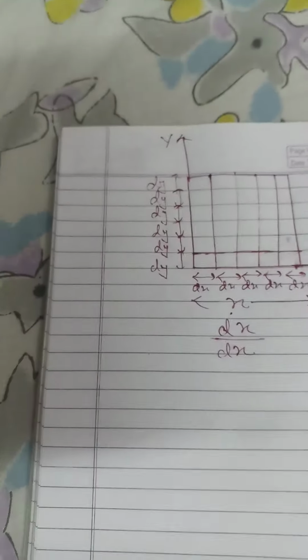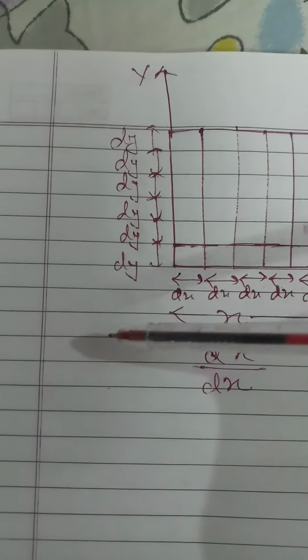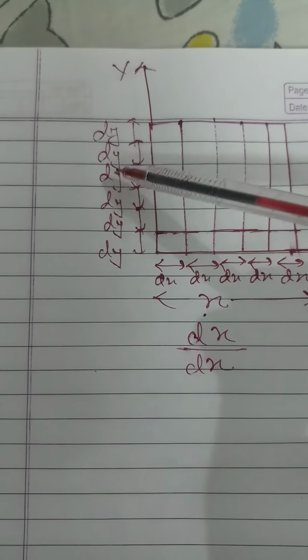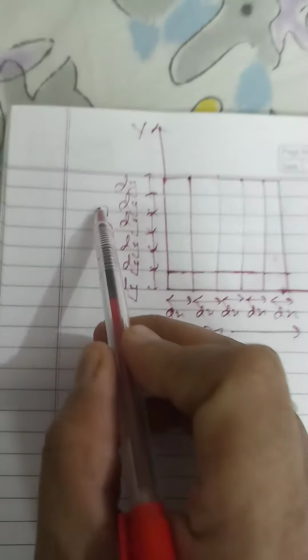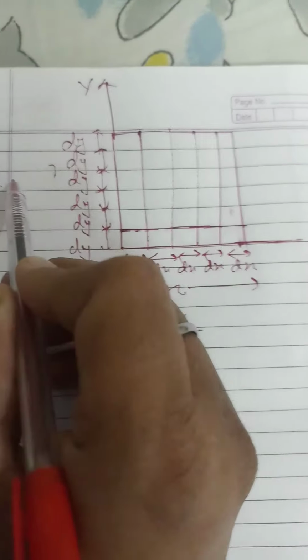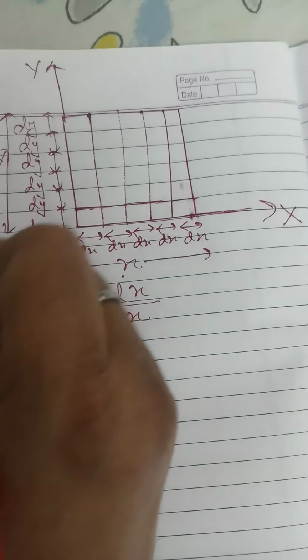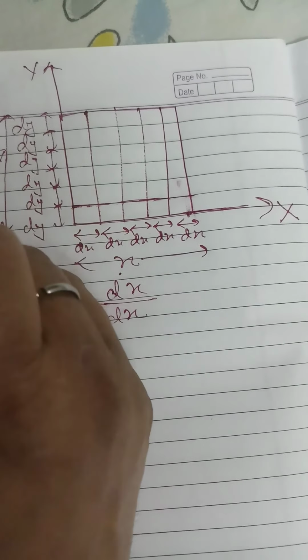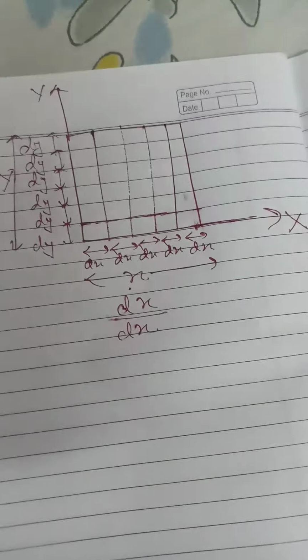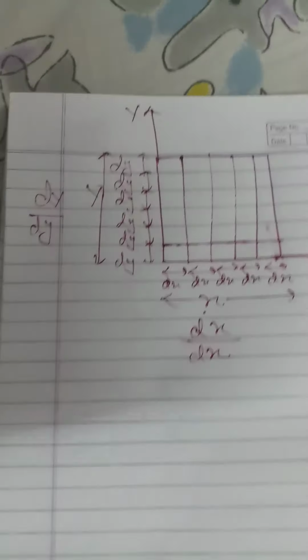They are all in equal proportion. So I can write finally that, suppose this is taken to be y, I have differentiated y with respect to the small value dy. Are you getting my point?